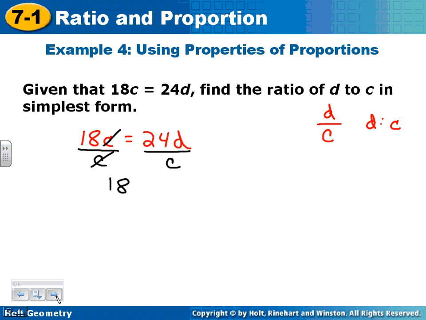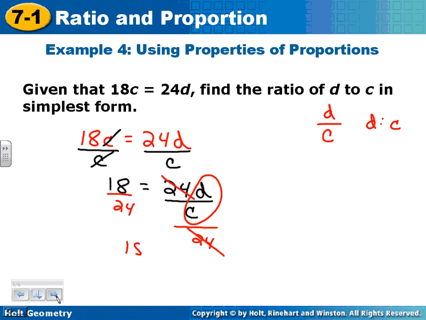So I have 18 equals 24D over C. Well, you see the D over C right here, but that 24 is in the way. So I simply divide both sides by 24. That allows me to mark them out. So 18 over 24 equals D over C.